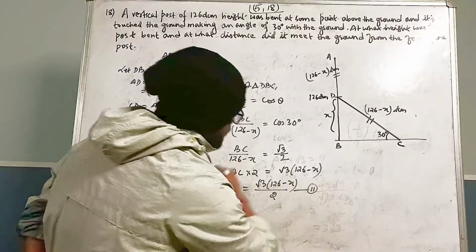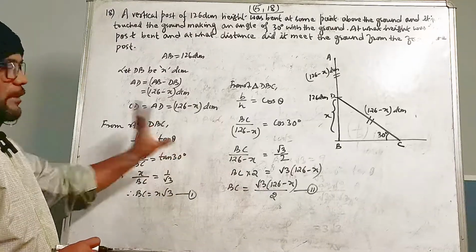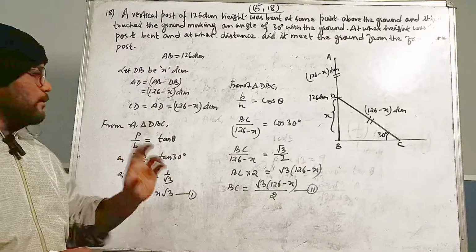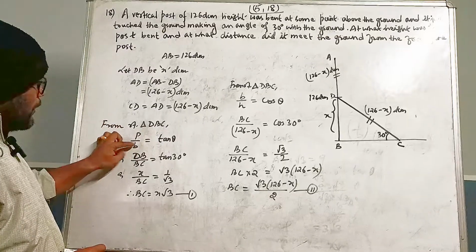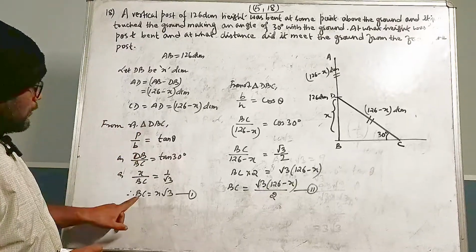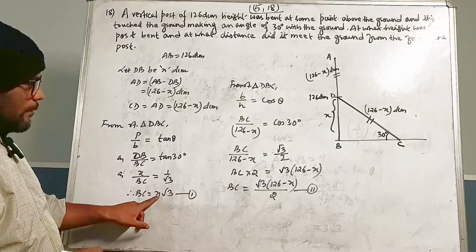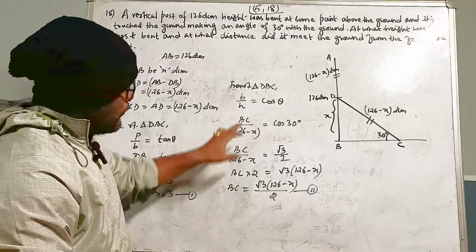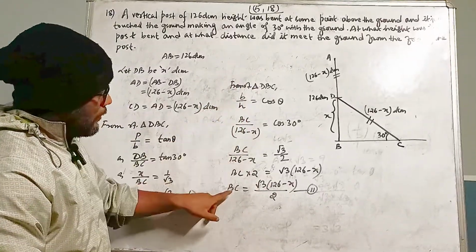I'm just solving this question in a very simple process. Okay, so now just see here. Students, from this triangle DBC, by the relation perpendicular by base equals tan theta, I'm trying to find the value of BC in terms of x. In equation number 2, from this similar triangle, we found the value of BC.